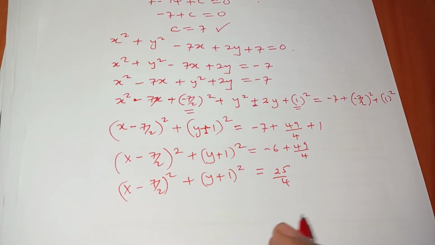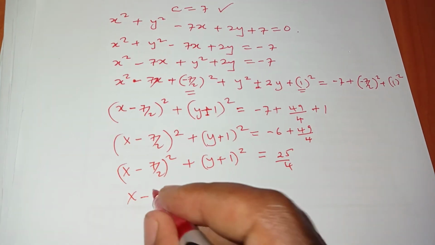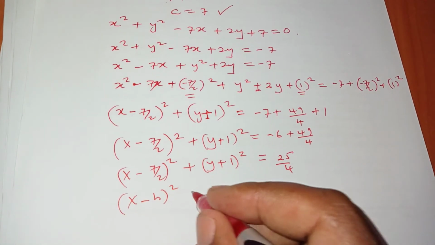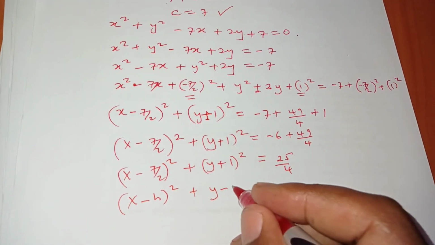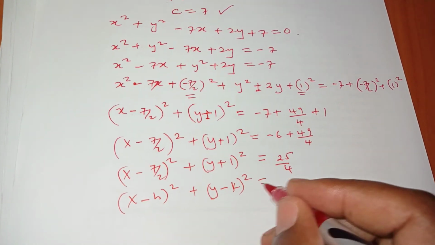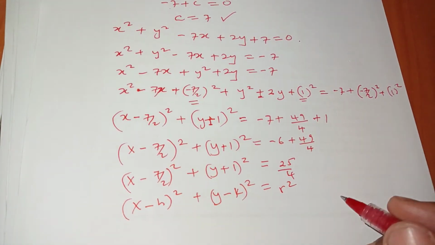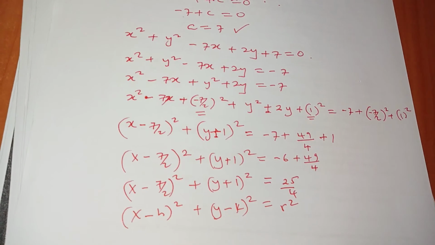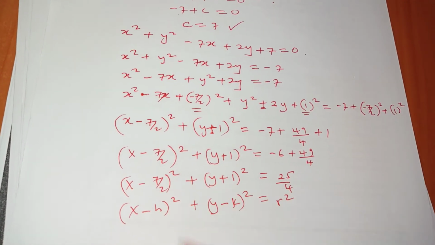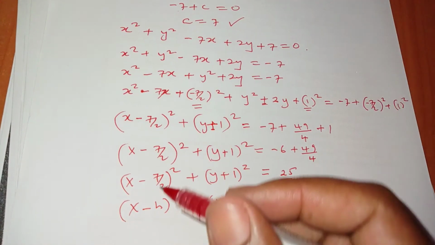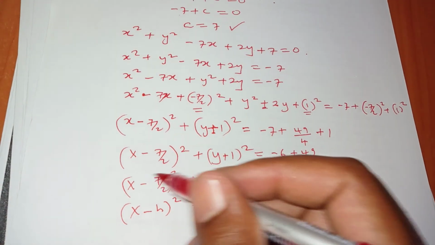Okay, so we now compare the standard equation of a circle with what we have found from the completing the square method here. So my negative h here corresponds to negative 7 over 2.